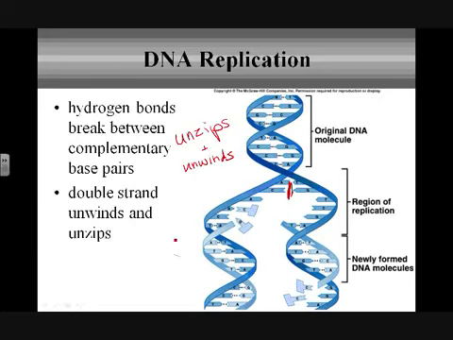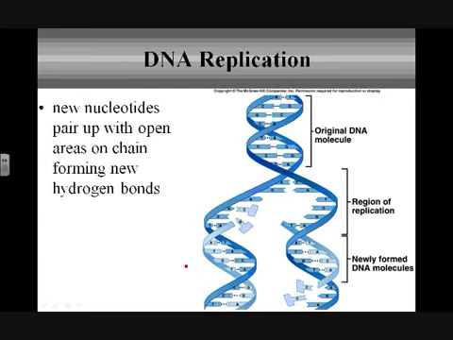Last year in biology we talked about a particular enzyme that was responsible for this portion of DNA replication, and we called it DNA helicase. Remember, DNA helicase is the enzyme responsible for this portion of DNA replication.